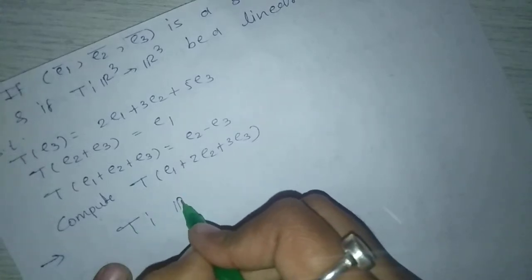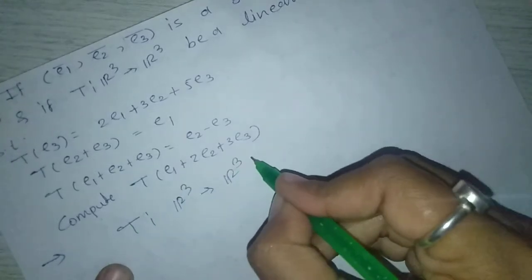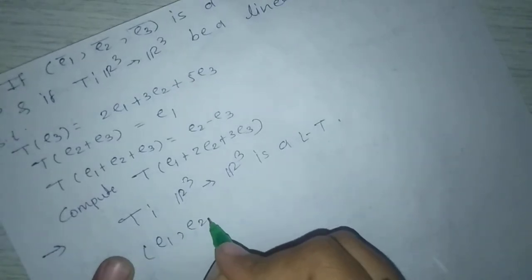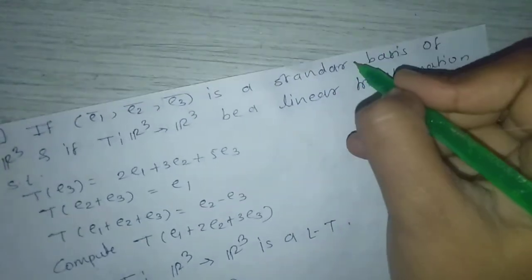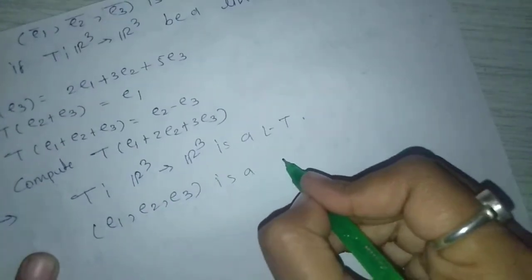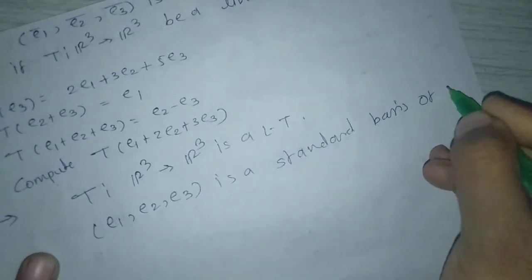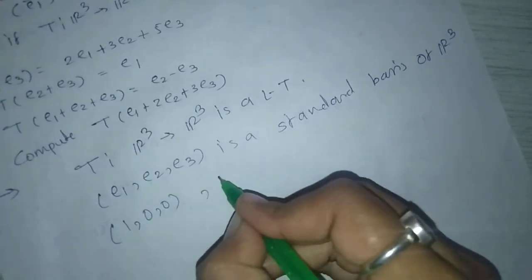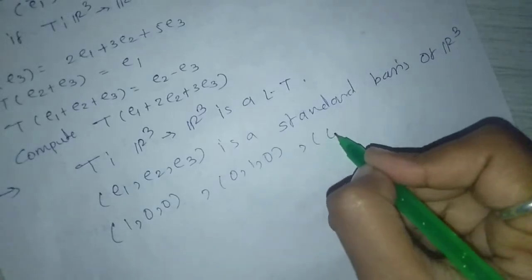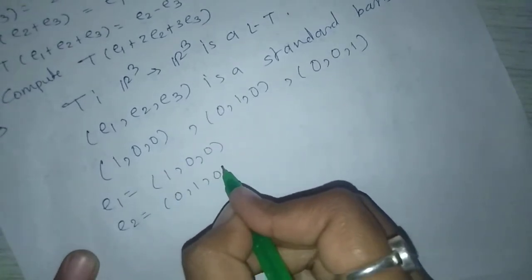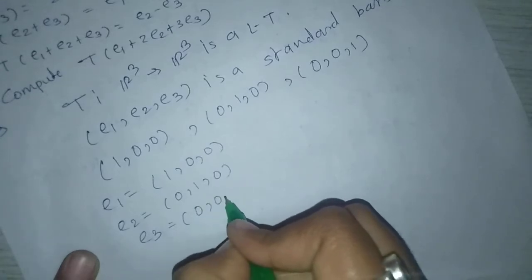Given T mapping R3 to R3 is a linear transformation and e1, e2, e3 is the standard basis of R3. We know that the standard basis of R3 is nothing but (1, 0, 0), (0, 1, 0), (0, 0, 1). Now take e1 equal to (1, 0, 0), e2 equal to (0, 1, 0) and e3 equal to (0, 0, 1).